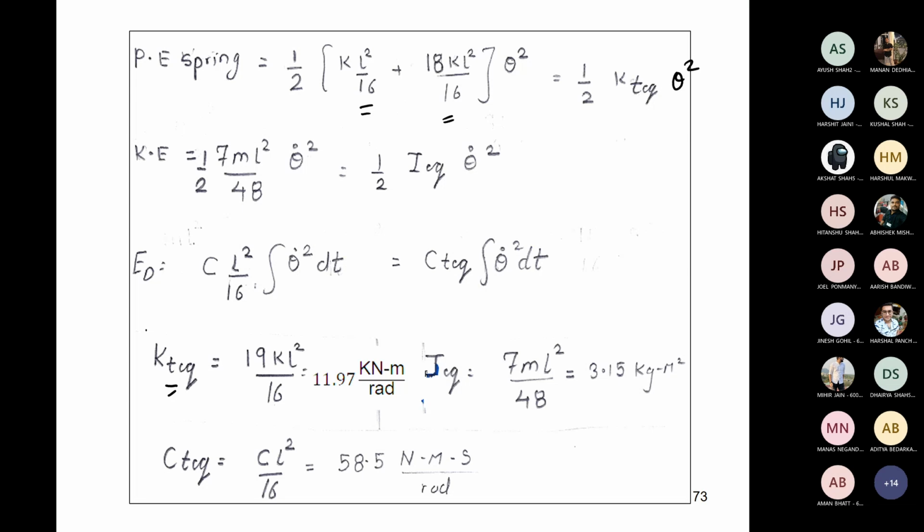On solving that, it comes out to 3.15 kg. And C torsional equivalent will be CL square by 16. And that comes out to be 58.5. Alright. So I have just substituted the values, whatever data is given, in these equations. And I get this answer. Is that okay?